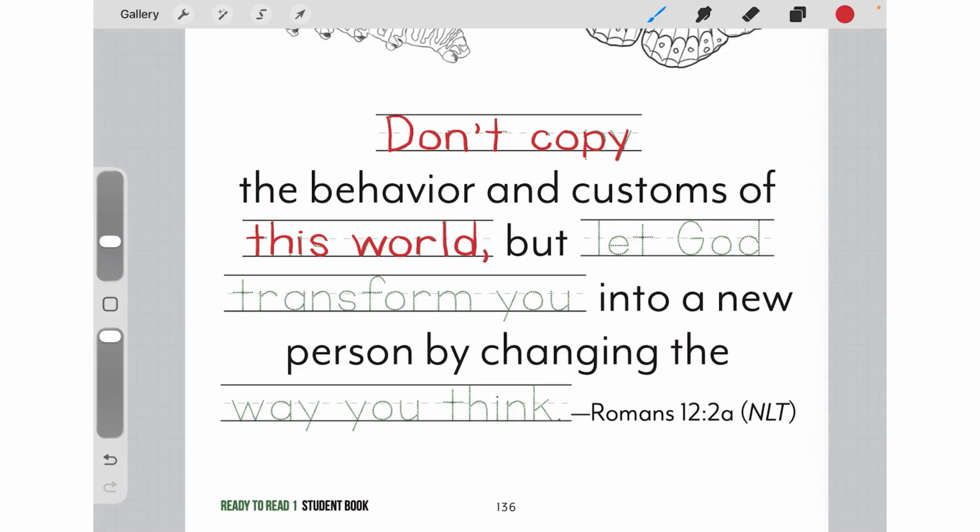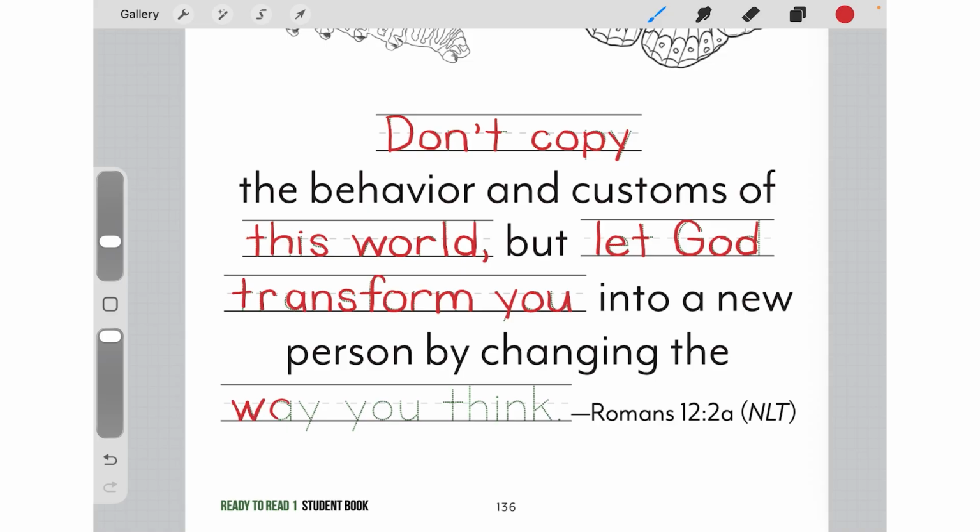This world. L-E-T G-O-D. Let God. T-R-A-N-S-F-O-R-M Y-O-U. Transform you.